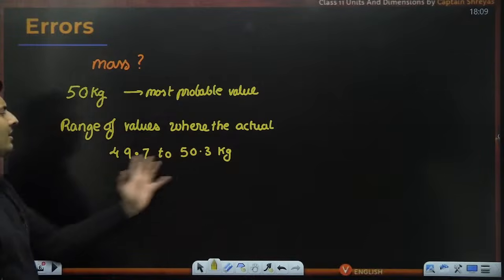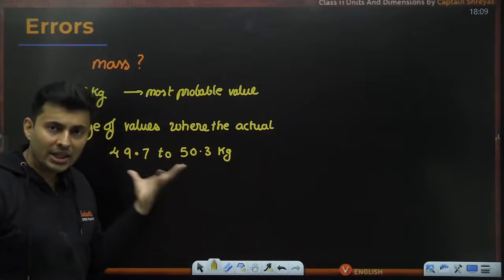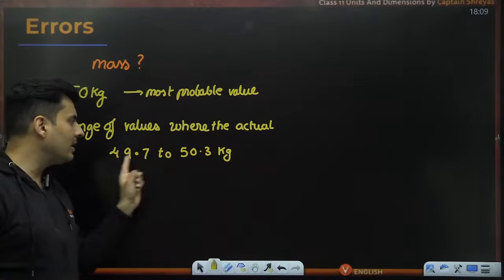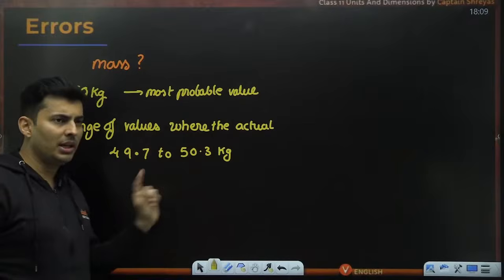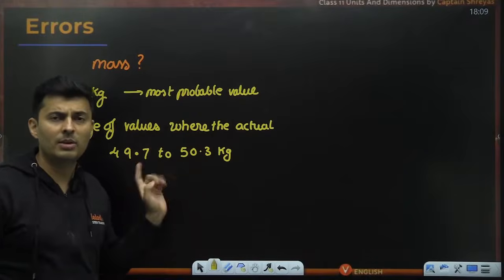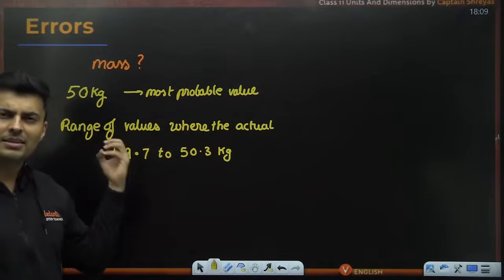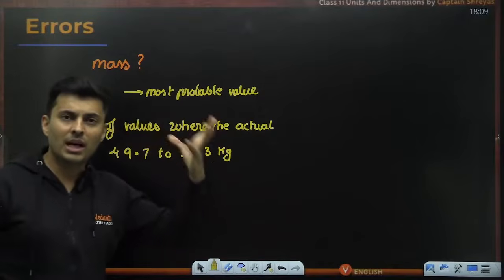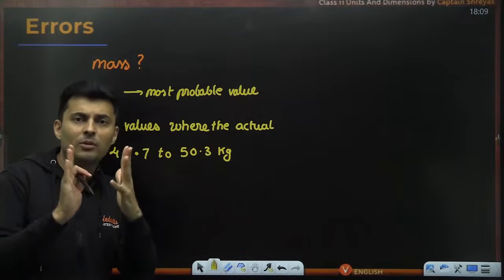I am very sure of that, but the uncertainty is, what is the exact value? Is it 49.8, 49.9, 50, 50.1? I don't know that. So there is always some kind of doubt, but you can narrow down that doubt to a certain extent.